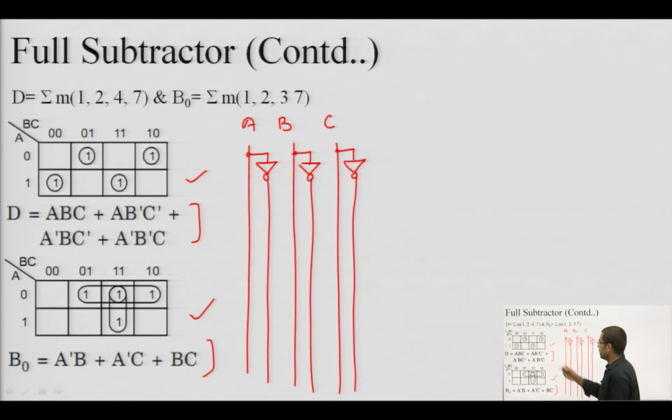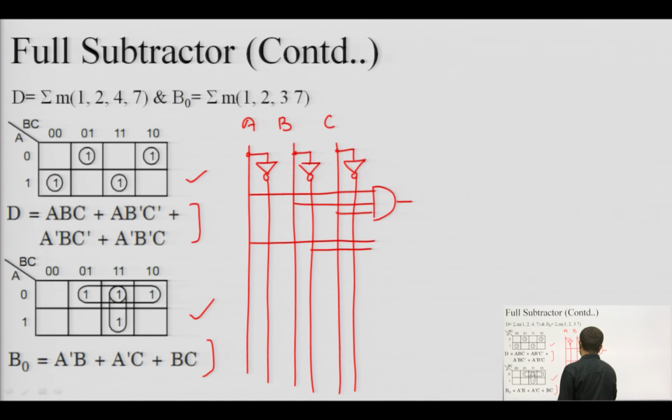Preparing the products, first product is A, B, C. First product is ready, then the second product is A, B bar, C bar. This is my A, this is B bar and this is C bar. Second product is ready, then third product is A bar, B, C bar.